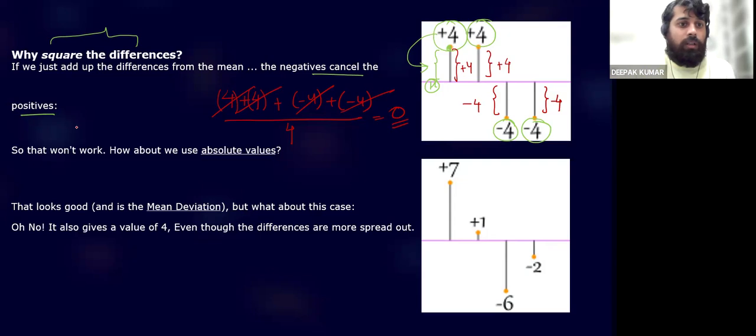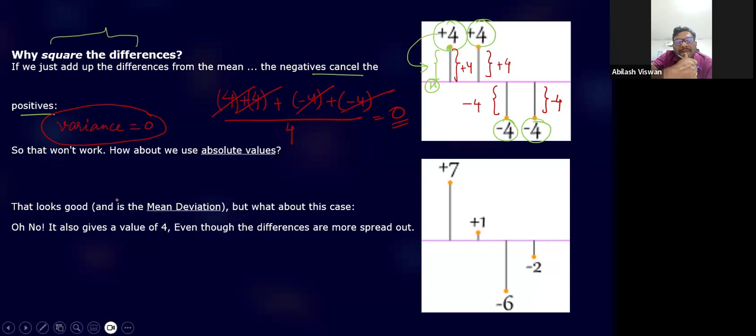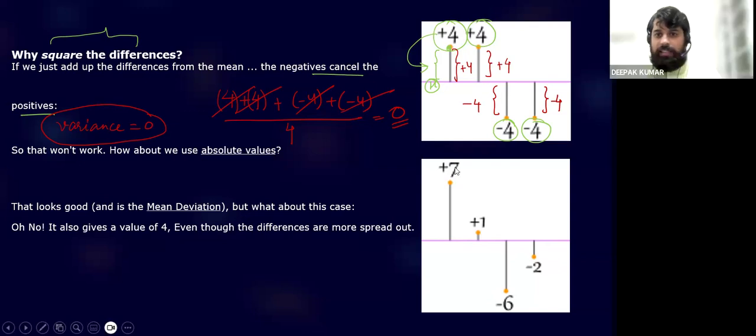Say if I ask you, Abhilash, if I give you the value of variance as 0, will you be able to say how far the points should be from their mean? Give me any answer. All of you. Kunalji, this is for you too. If your variance is 0, how far would all the points be from the mean?